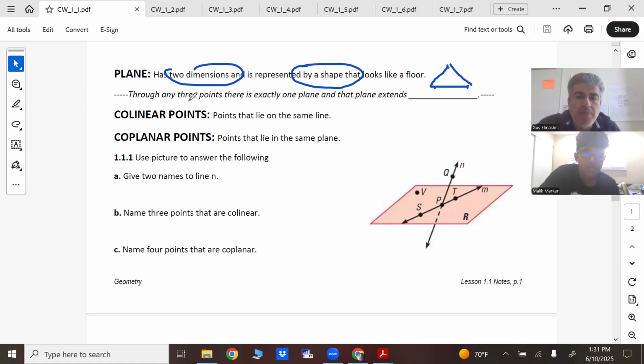And very important: 3 points define a plane. And it does extend forever, just like how a line extends forever. Okay.